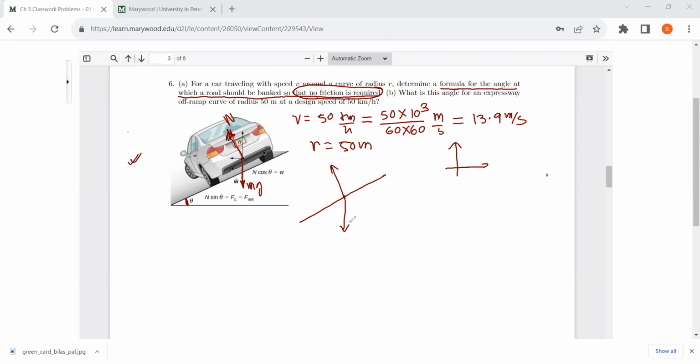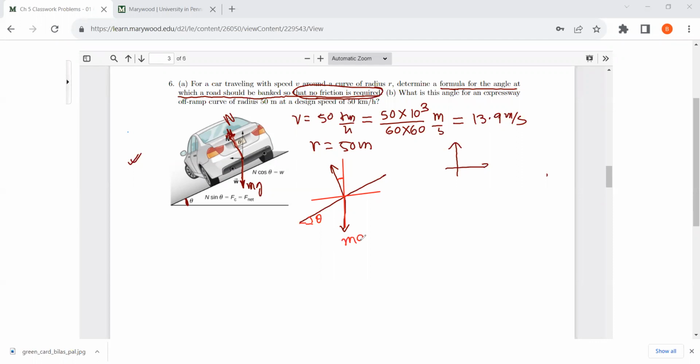Now if this angle is theta, we can show that this angle is also theta.